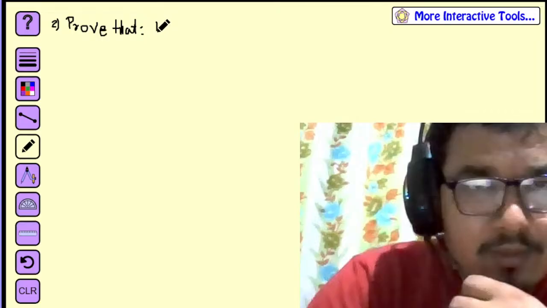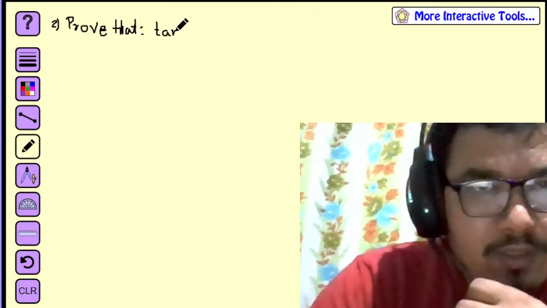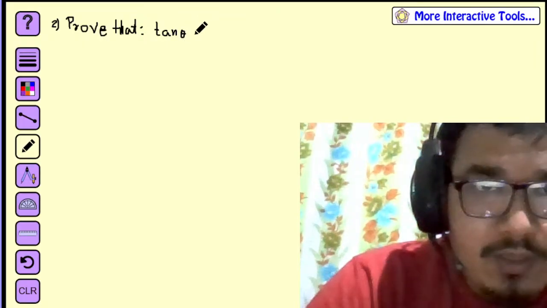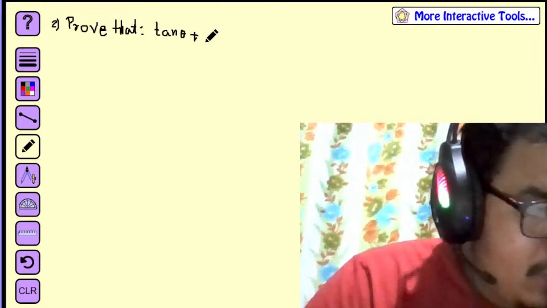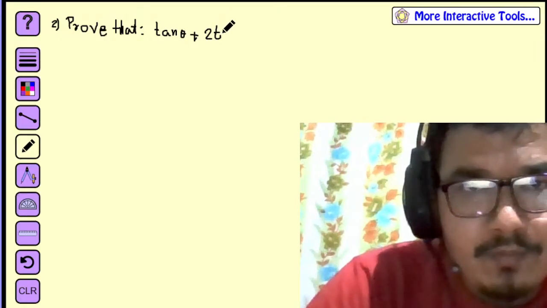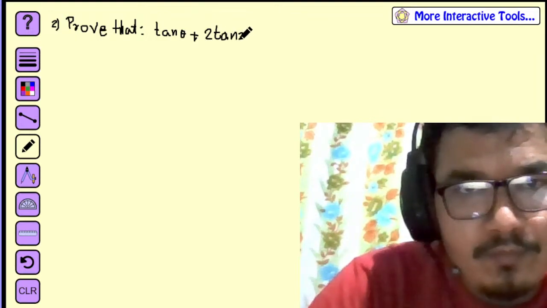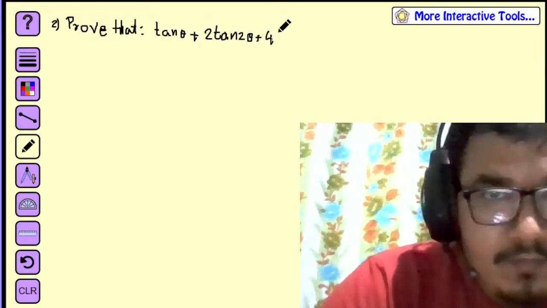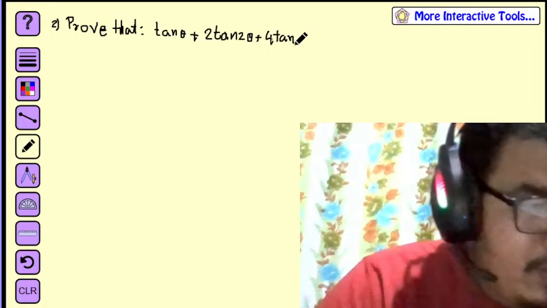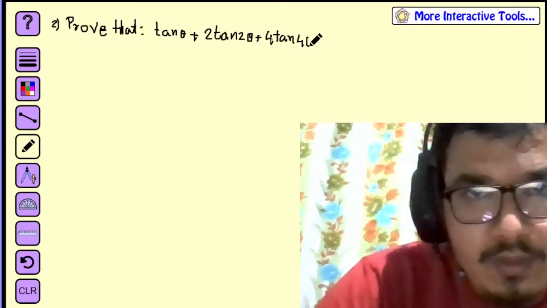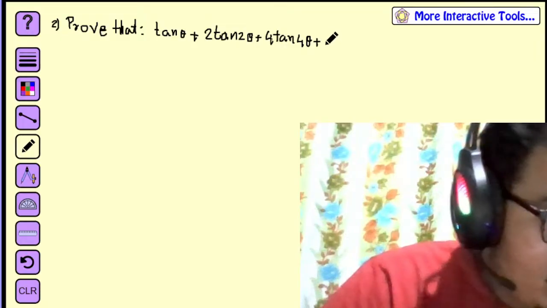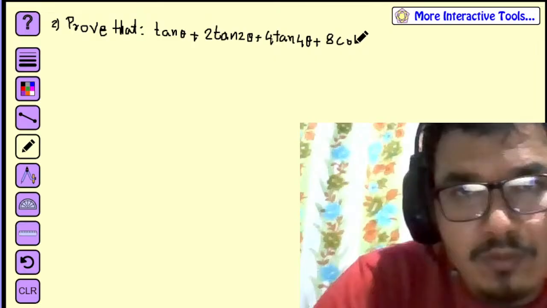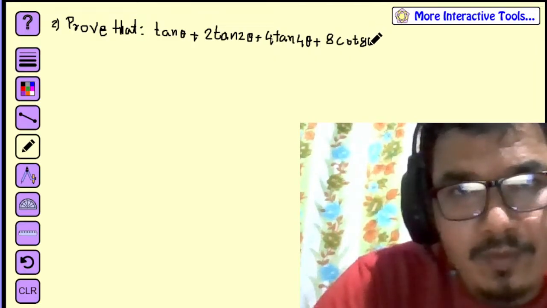There is given tan theta, right? And the next one is 2 tan 2 theta, and the next one is 4 tan 4 theta, and the last term that is given there is 8 cot 8 theta, right?